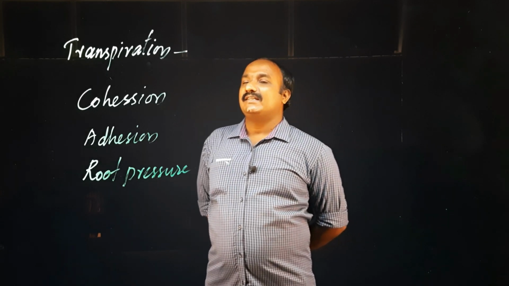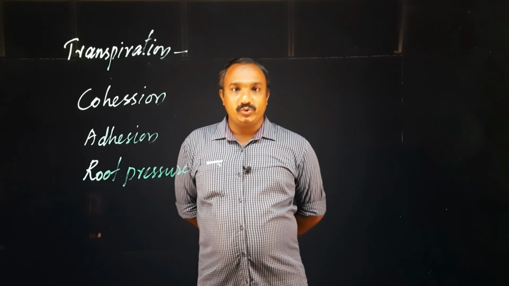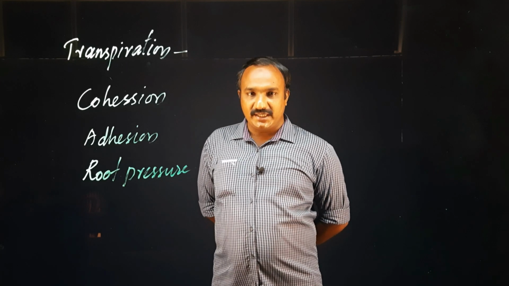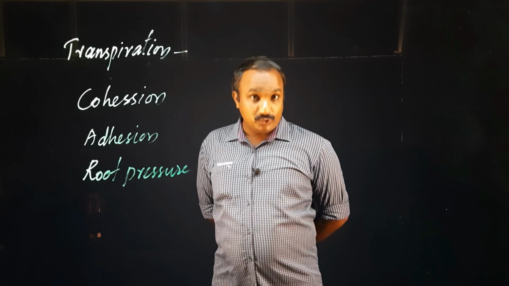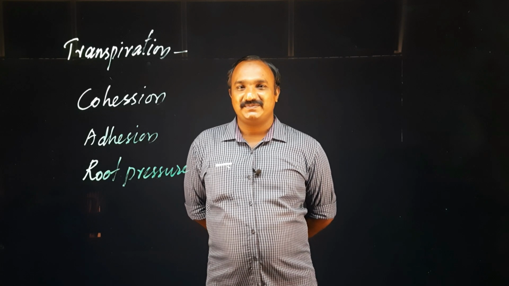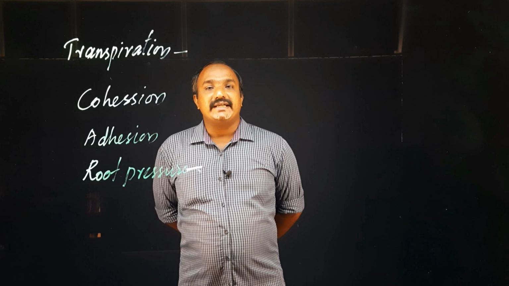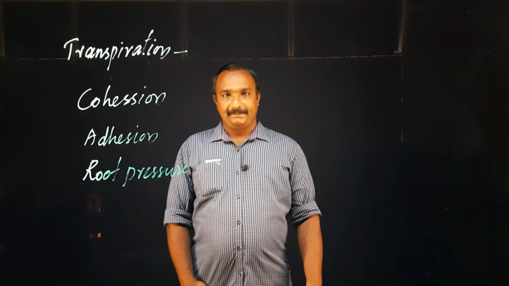Okay, so these are the 4 processes that are used for what? For the transport of water and minerals from root to where? To the leaves. Okay, now we can study the transportation through phloem.